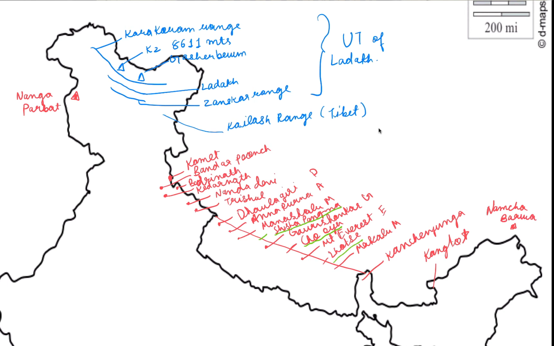For lesser Himalayas, there are certain important ranges starting from Pir Panjal, which is in the Jammu Kashmir region. So somewhere here, that is Pir Panjal. Then below it there is Dhauladhar range.